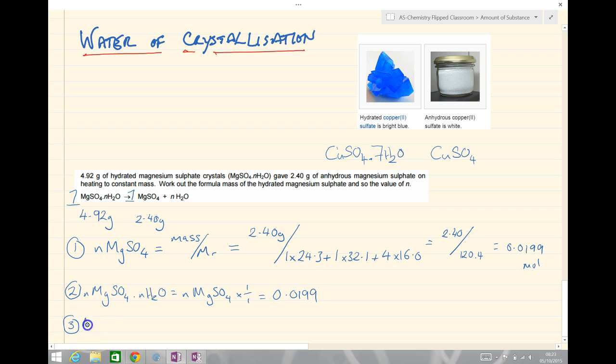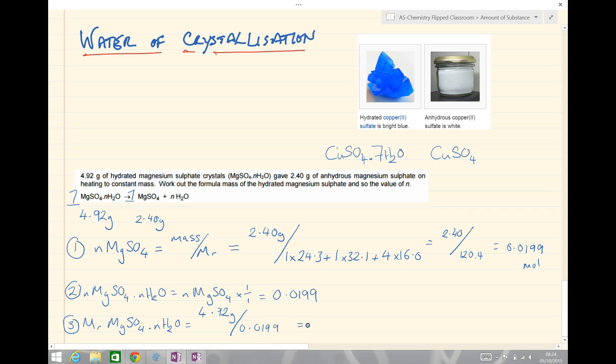So the Mr of MgSO4.nH2O is going to be equal to the mass, which we've found here is 4.92 grams, divided by the number of moles, which is 0.0199.